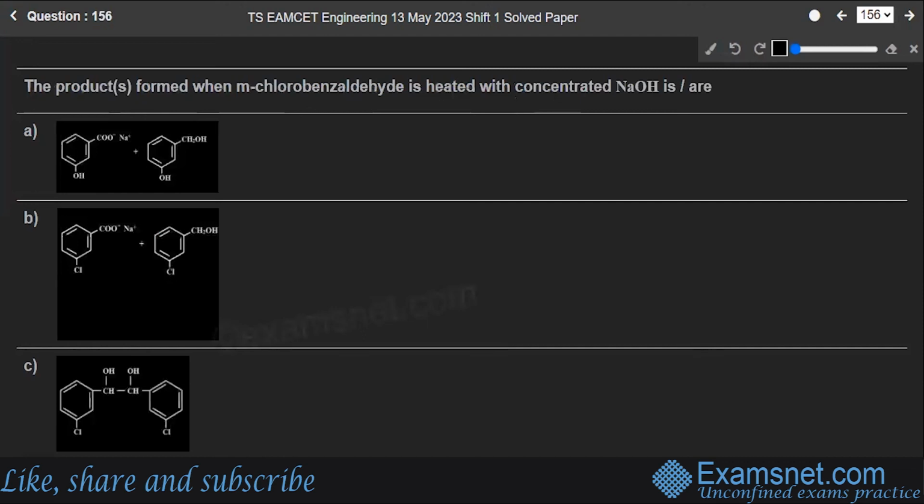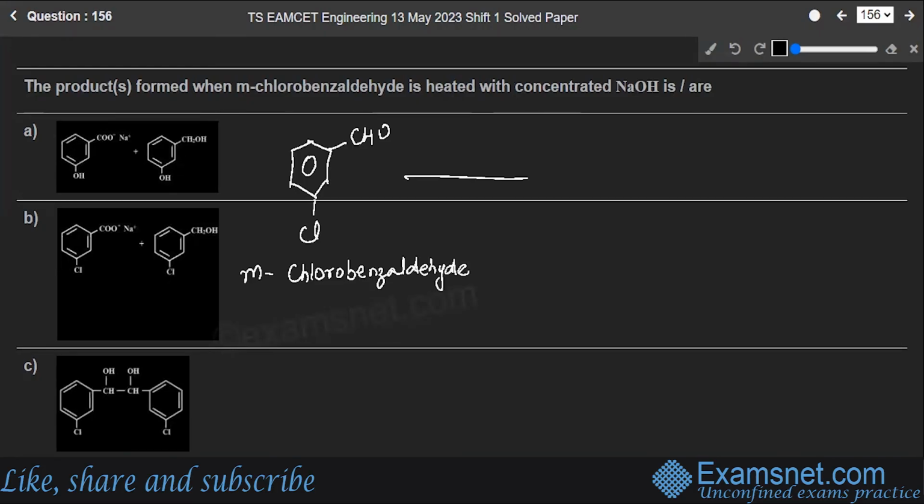The product formed when m-chlorobenzaldehyde is heated with concentrated sodium hydroxide is? Let's write down the reaction. This is the benzene ring and chlorine. This is m-chlorobenzaldehyde.